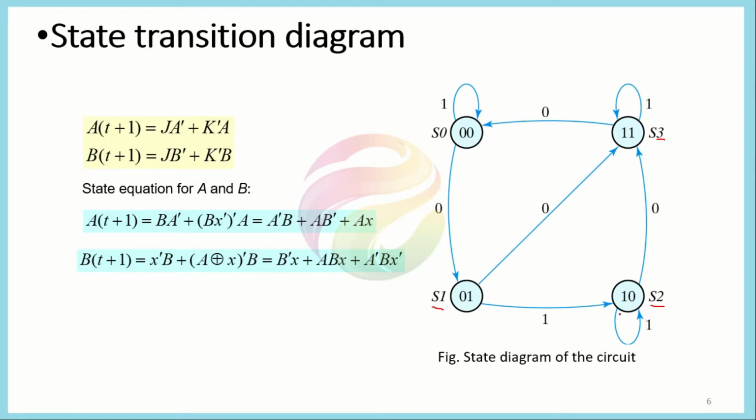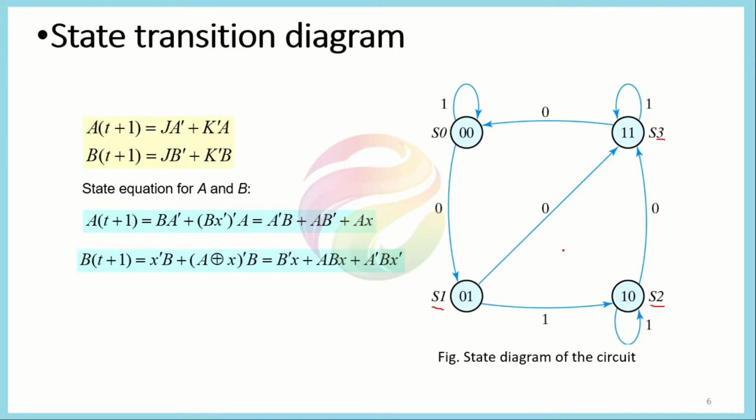So in this way, the whole diagram represents the functionality of the system, that is, how our system behaves. If you see the state transition diagram, we only understand the basic working of the system, regardless of what kind of internal circuitry or type of flip-flops are utilized in this circuit.